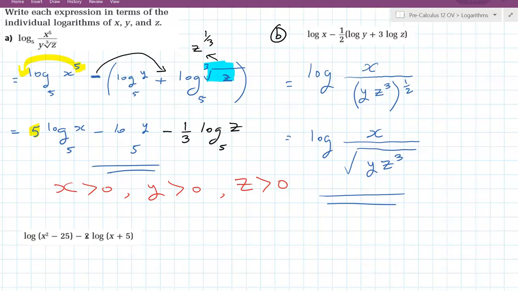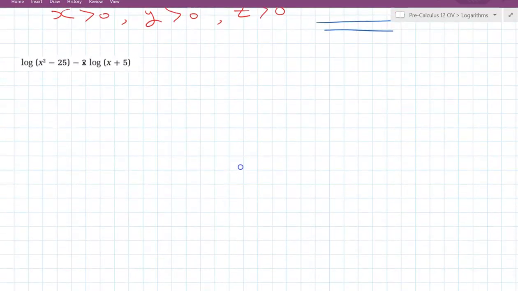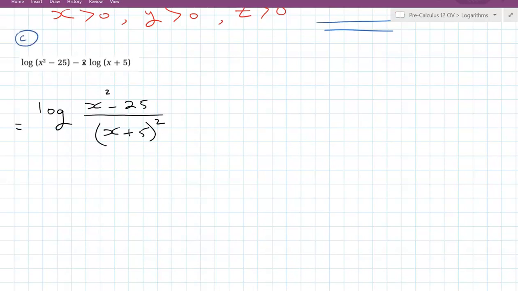This is a perfect segue into our third example. So let's go ahead and try to put that into a single term first, and then let's talk about the restrictions. So here it is. When we are doing the subtraction, that's the division of the argument of the log, and here you can actually go ahead and simplify this rational argument of the log.